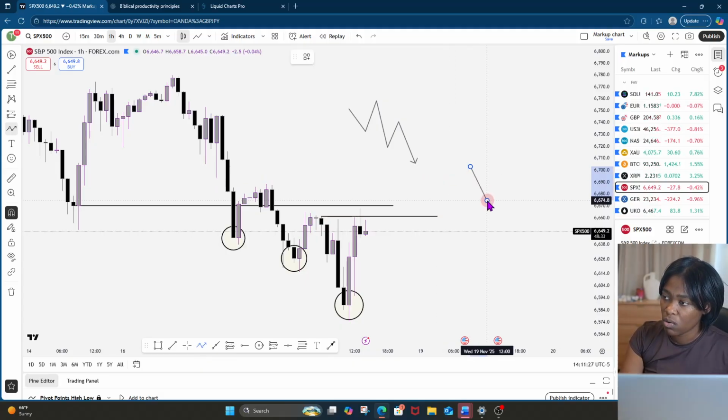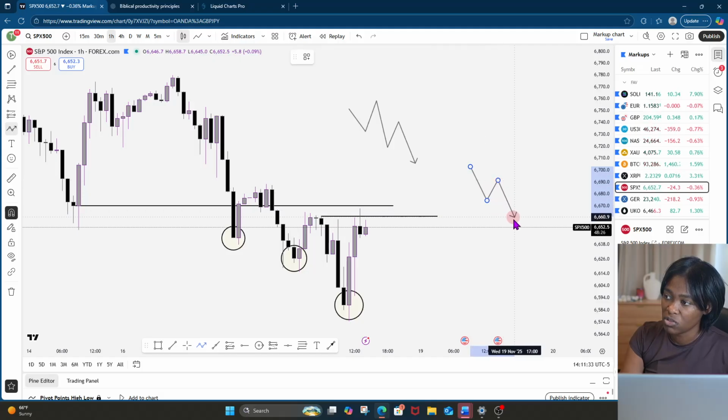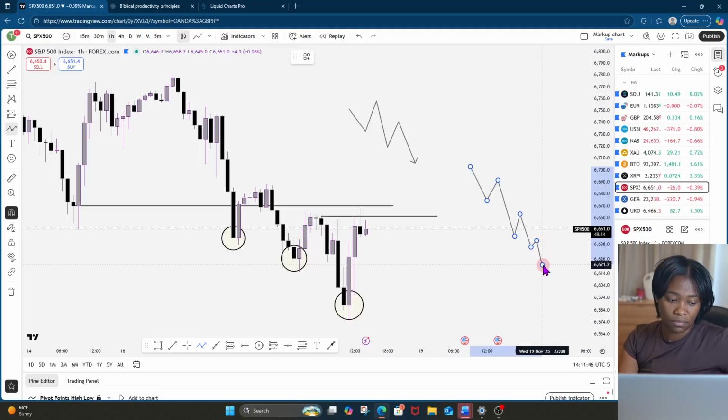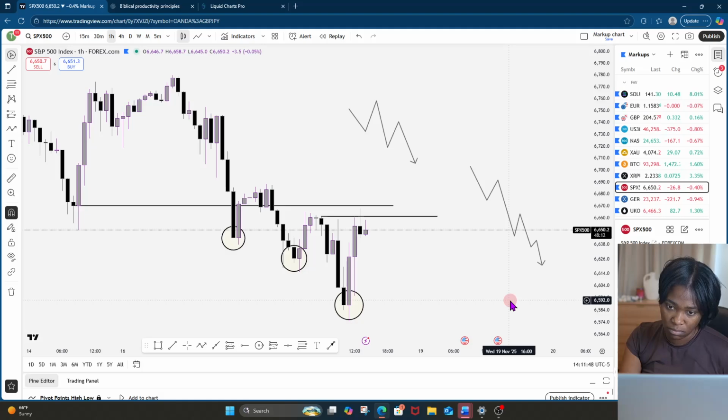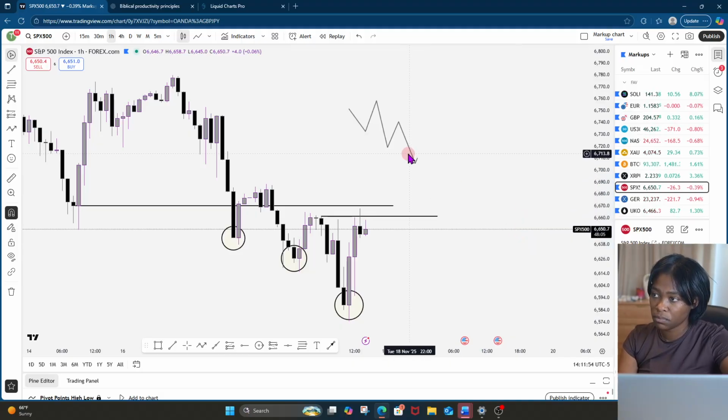What it does is more like it'll find that support area and then just decide to fall and not come all the way up. It might just come right here and then fall some more. That's more of the structure that pairs like the NASDAQ and US30 have. That's what they do.